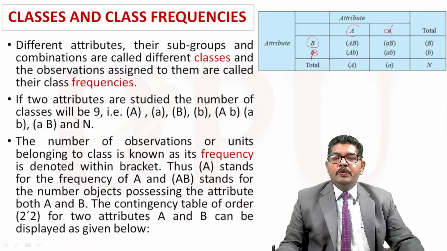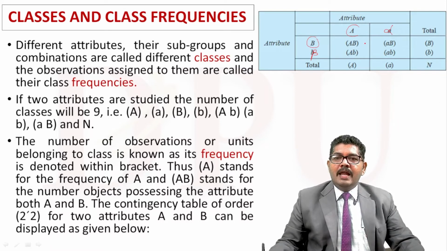So there are only two attributes, attribute A and attribute B. A represents the presence of attribute A, alpha represents absence of attribute A, B represents the presence of attribute B, and beta represents the absence of attribute B. So when we have two attributes, then we will be having 9 classes.